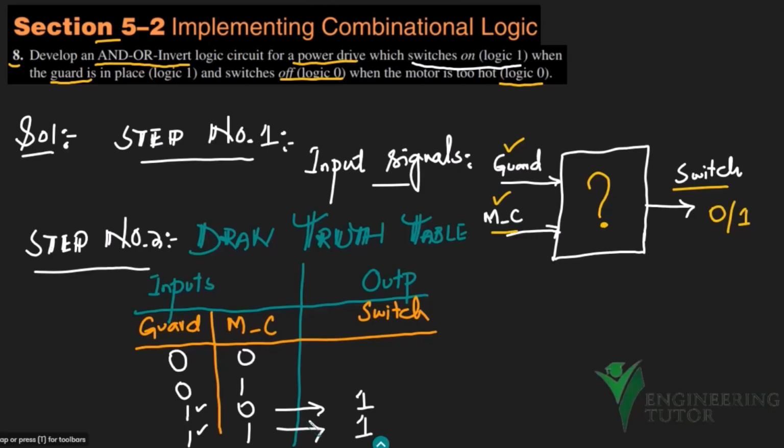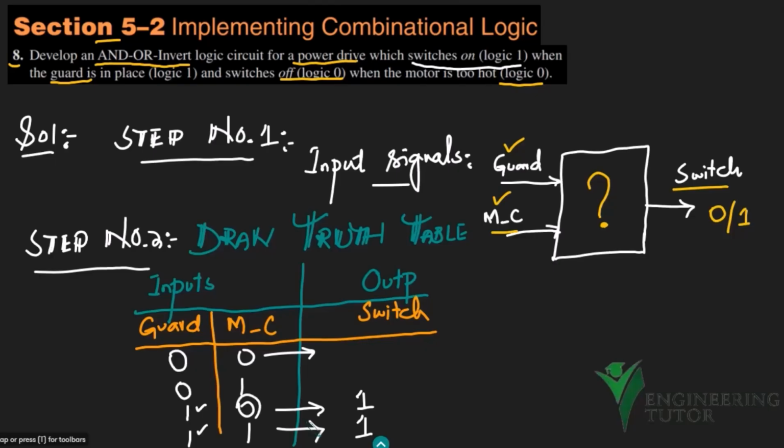But we have another condition here as well: switch off, logic 0, when the motor is too hot, which means MC will be 0. So this 0 will be here, and here as well.